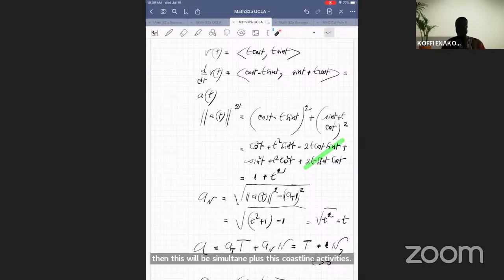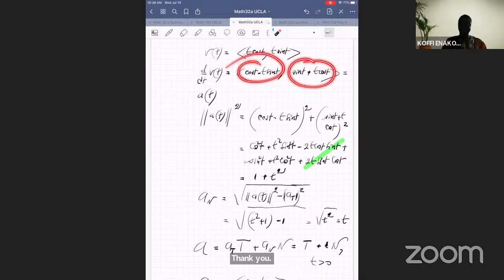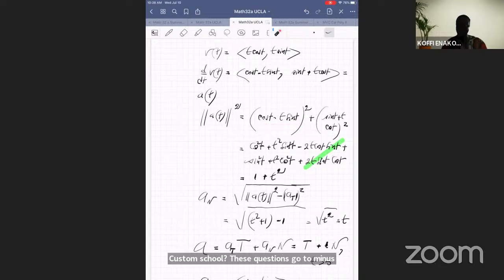Then there will be a little bit of algebra that will simplify. We take the square of this component and the square of that component. It's cosine squared t plus t squared sine squared t minus the double product, plus sine squared t plus t squared cosine squared t plus twice the double product.